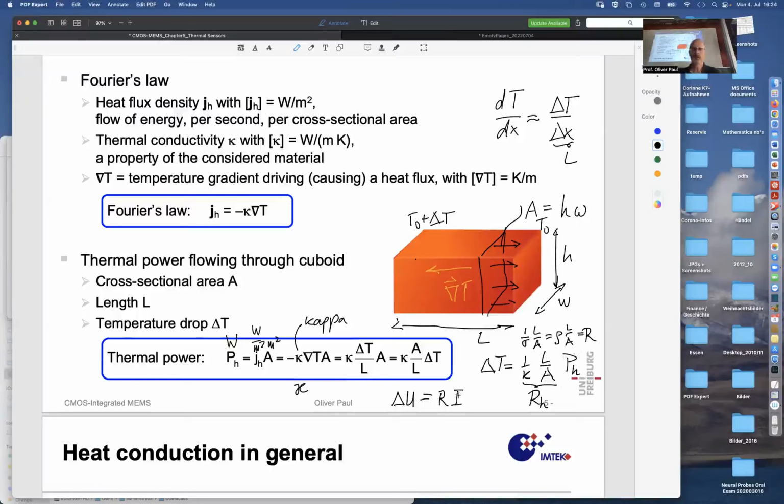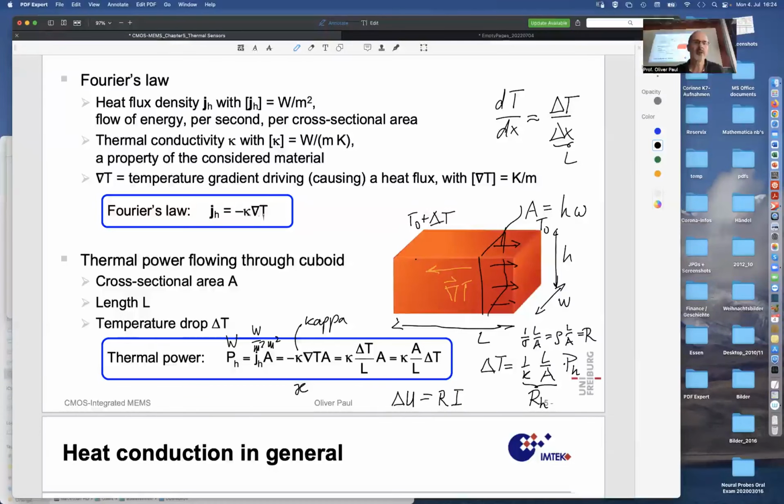I is the charge flow and P is the heat flow. So there is a one-to-one analogy between electrical phenomena and thermal phenomena. And when you look at this equation here, it's also identical to an electrical equation, because the role of U is taken over by T. U is the electrical potential. T is the thermal potential.